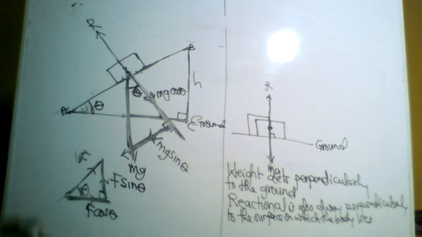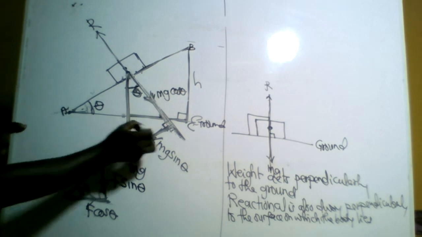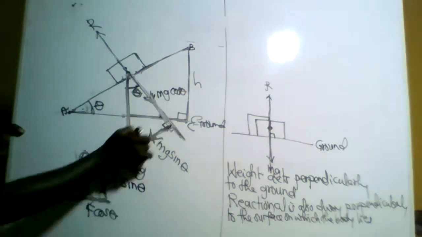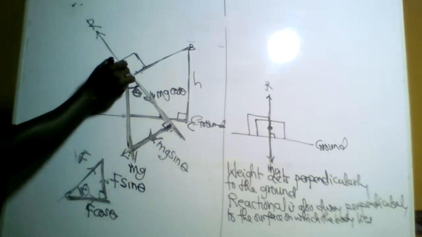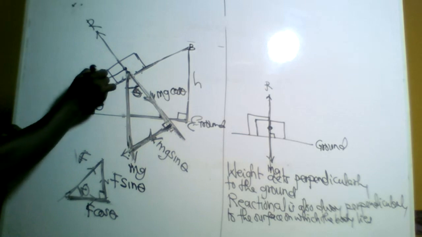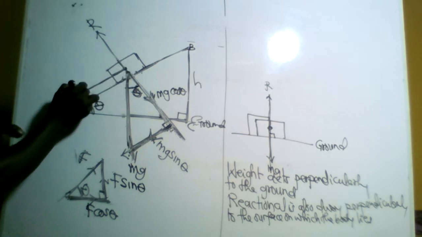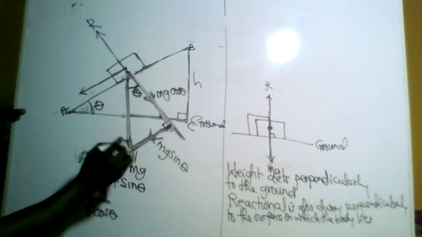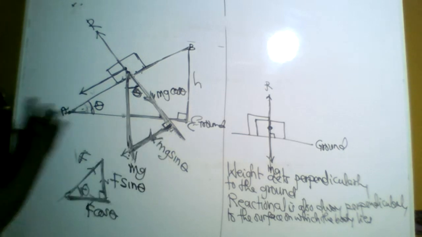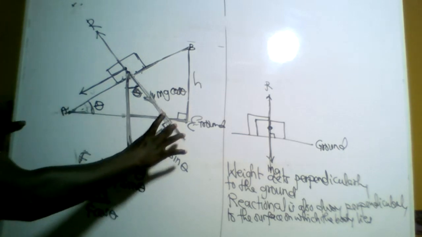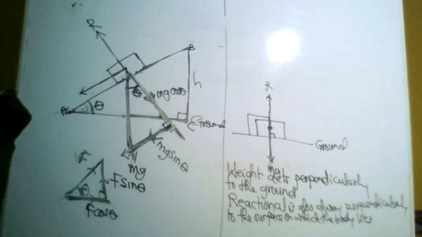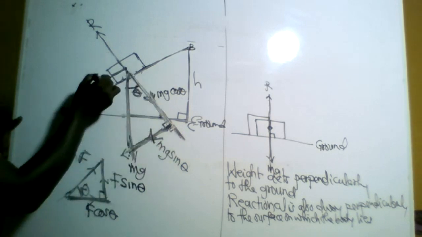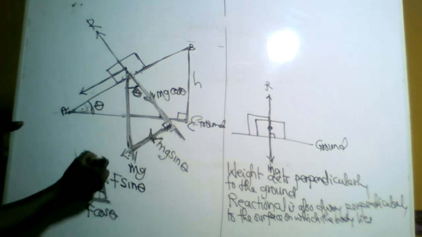Now, this is the opposite. The opposite side can be brought along the plane so that the magnitude of this is equal to this. The direction of this is to this direction.